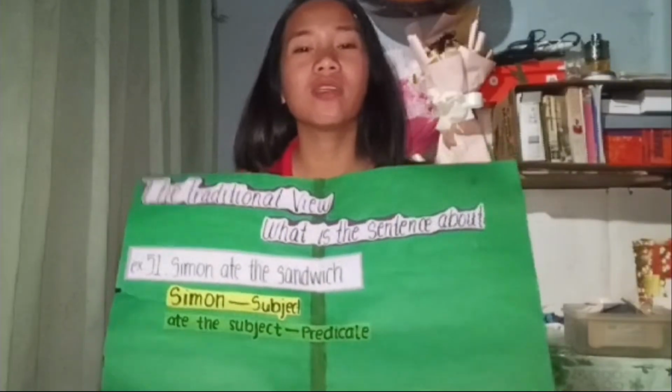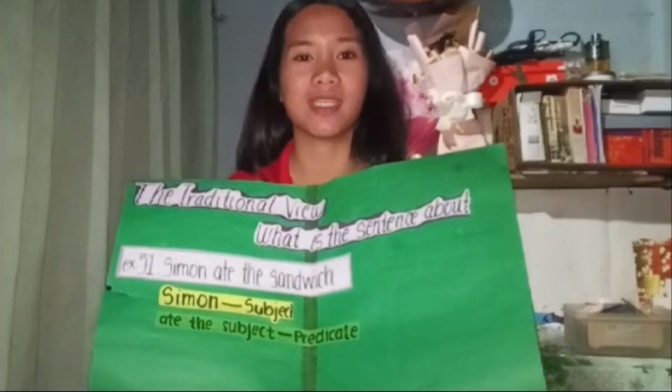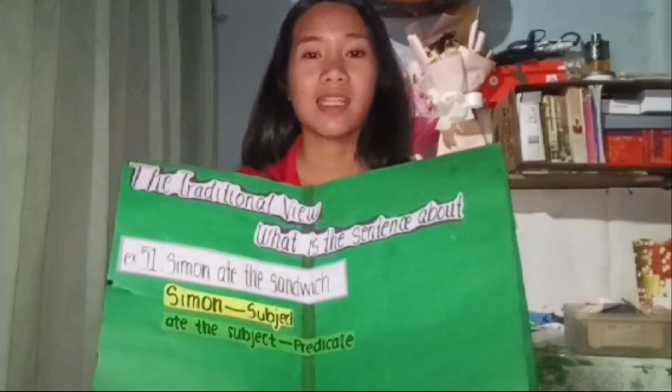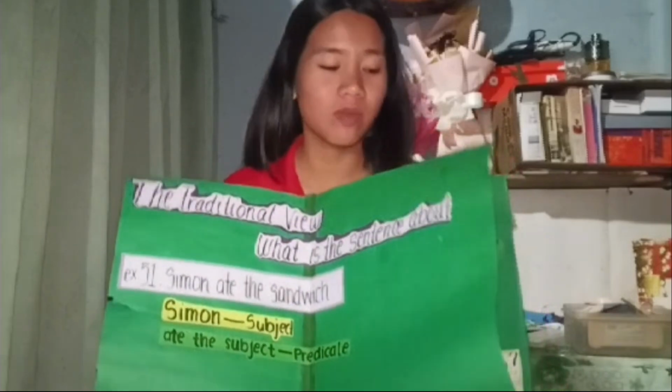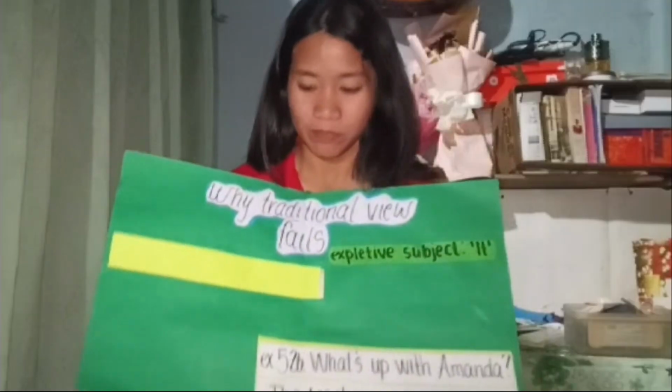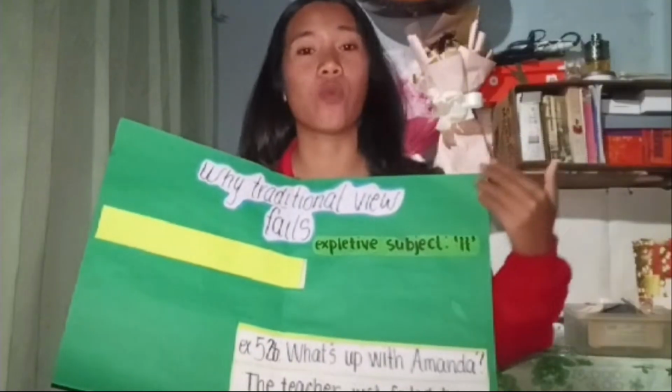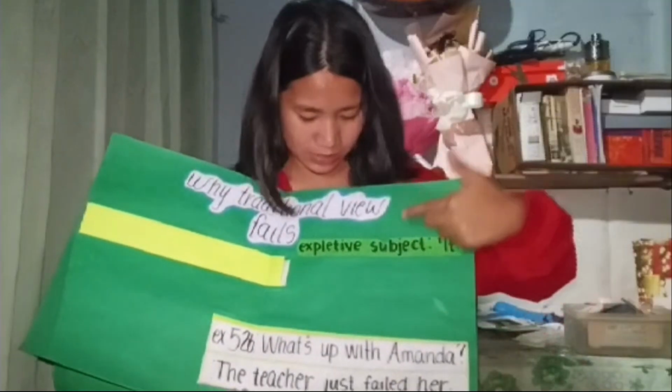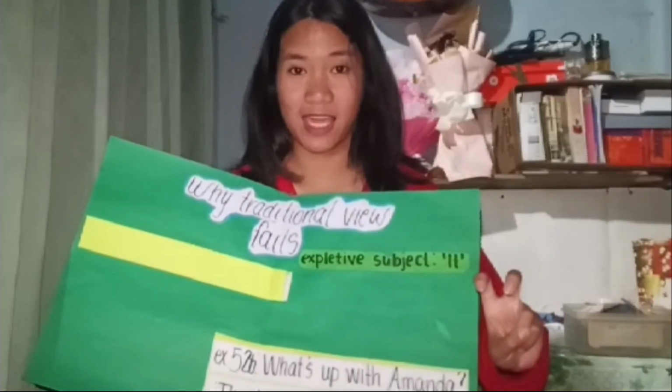But the traditional view is rejected and said to be highly problematic by the book, and they provided three arguments to say why they are against it. For the first problem, they said an expletive subject can mean nothing.